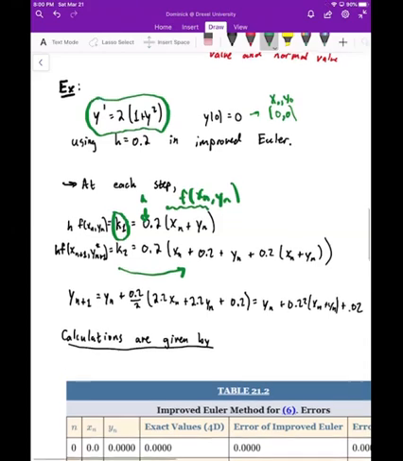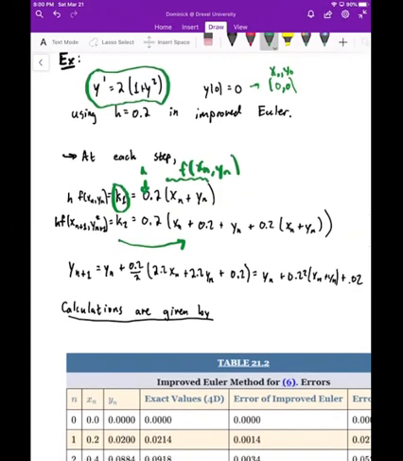So now when we plug that in and we find our y at n plus 1 point, and we plug all this stuff into the formula, we're going to find that yn plus 1 is yn plus 0.22 times the sum of xn plus yn plus 0.02.